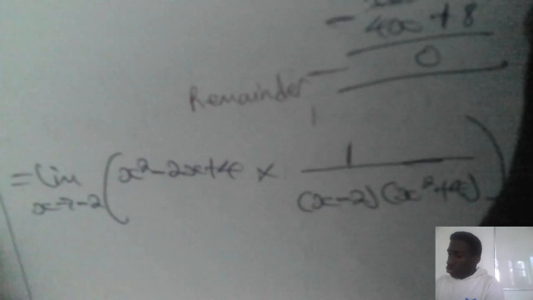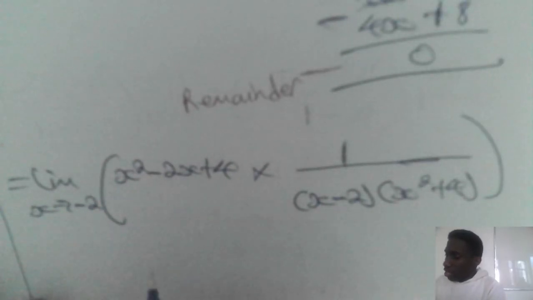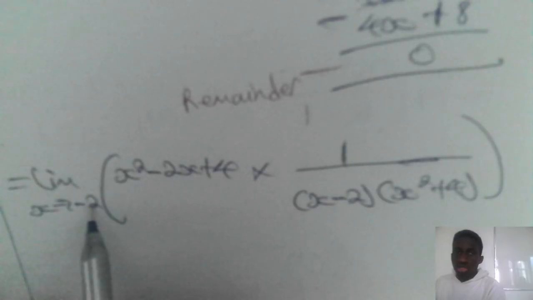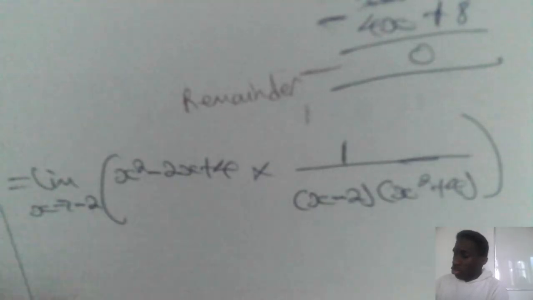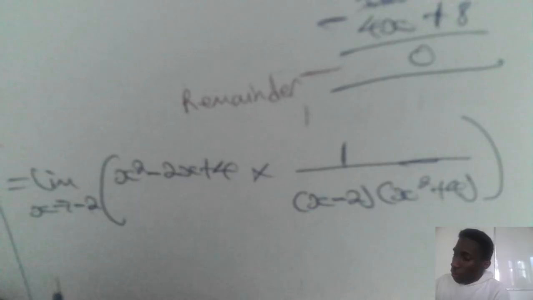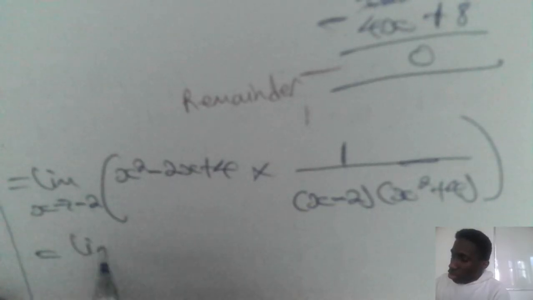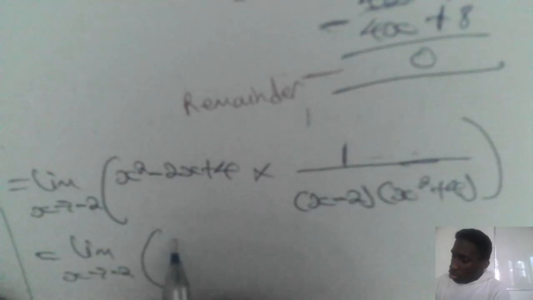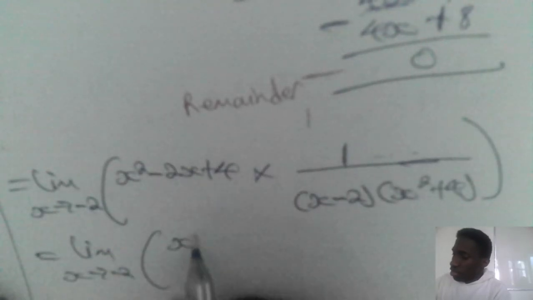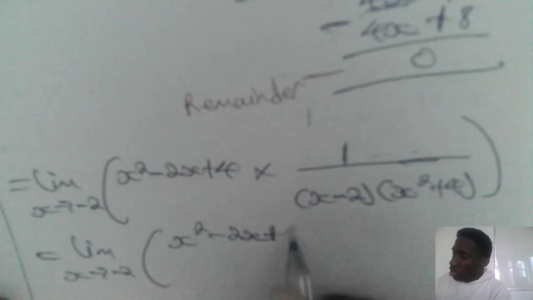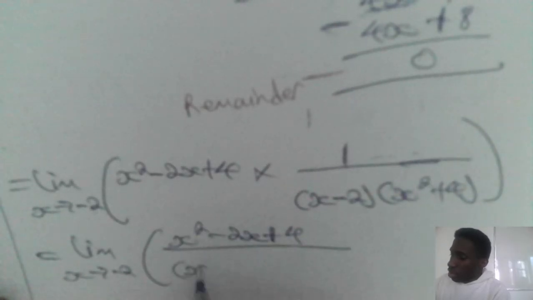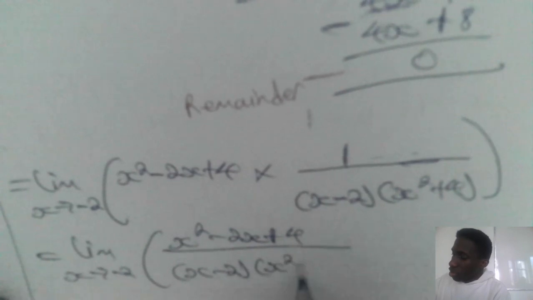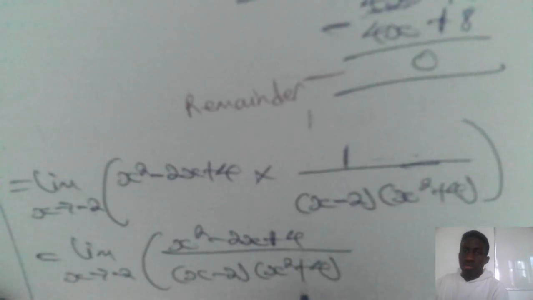And we now want to try again by substituting x is equal to -2 inside. But first of all, we can just make this a little bit more compact by writing this on top, because this times 1 is still the same: x squared minus 2x plus 4 divided by x squared plus 4.